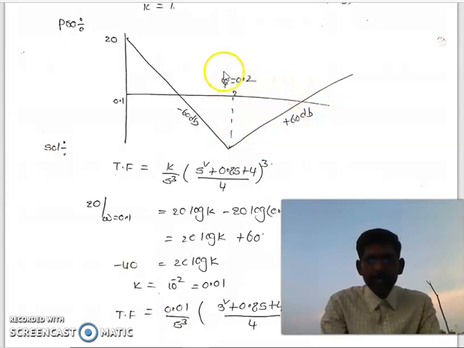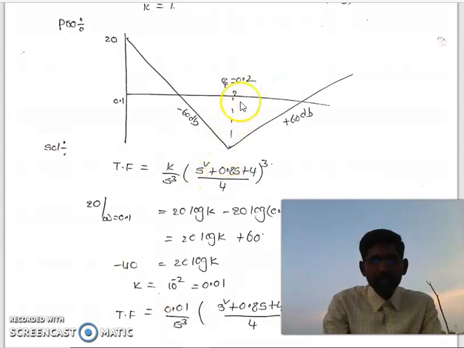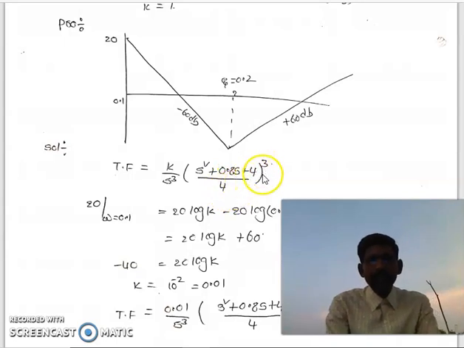In the problem they had given zeta equal to 0.2 and omega n equal to 2. So for that you need to write 2 zeta omega n s, that is s square plus 0.8s plus 4 divided by 4 whole cube. Why do we need to write whole cube? Initially it is minus 60 dB, now it is plus 60 dB. What is the difference?